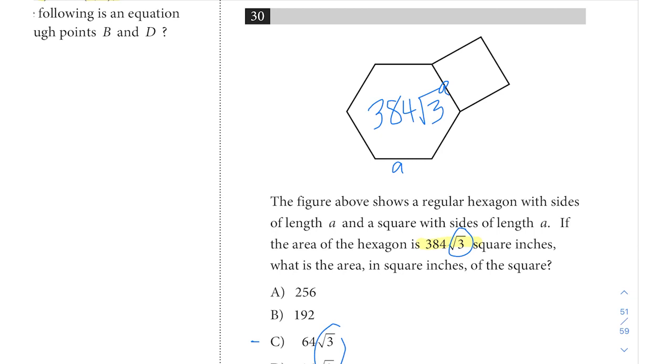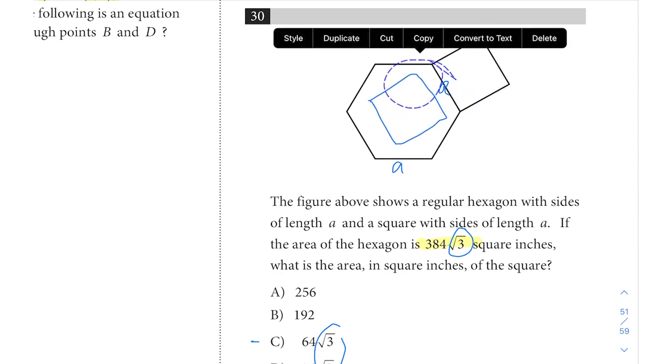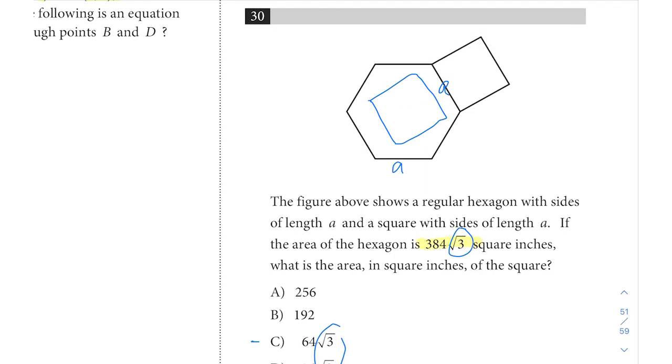If you were to divide 384 by 16, that's 24. So if you picture placing this square in the hexagon, and I'm going to cheat a little bit just because we have the technology to do it, so your test day approximation might not be quite as exact. But if I take this square and just move it inside the hexagon, I can see about how much space it takes up.